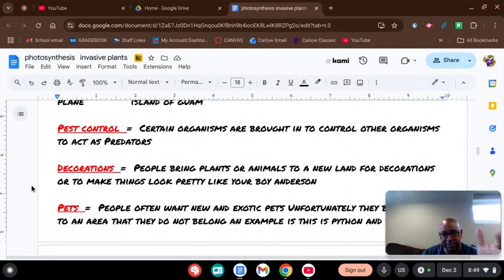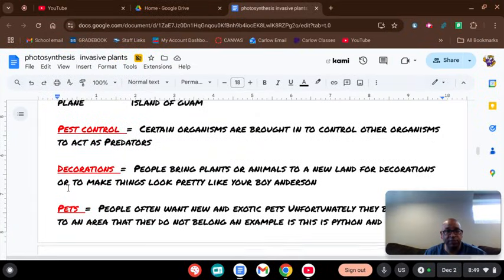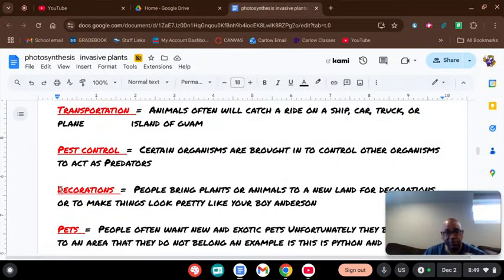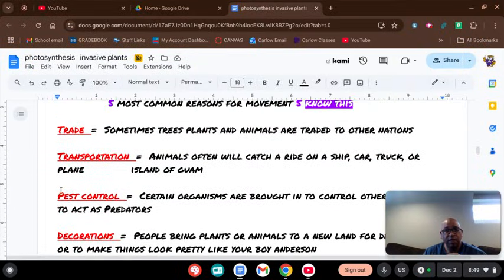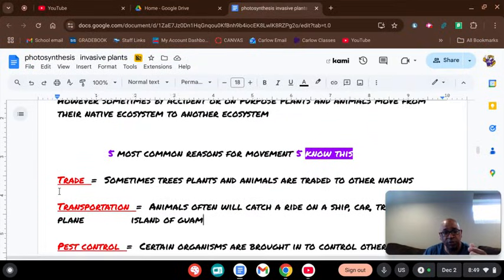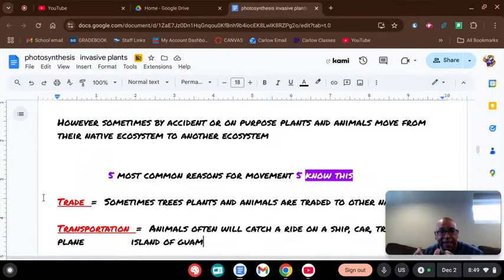And when I say pets, they get released into the wild. So they can become invasive species very, very quickly. All right? So make sure you have those things written down. Make sure your notes are up to date. And go back to the very beginning and review all your notes. So you should be in good shape for later this week.